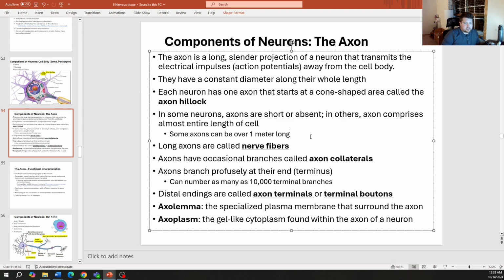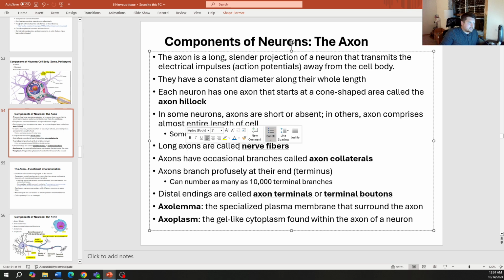It's a long distance to travel, so the soma of that nerve can literally be inside of our spinal cord, and it travels all the way down to our feet. So some of these axons can be incredibly long.